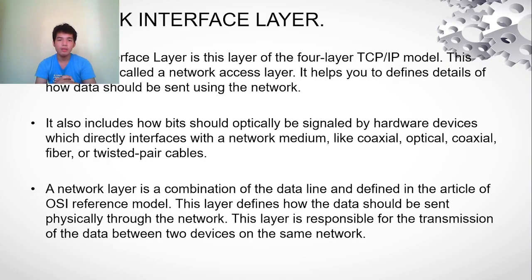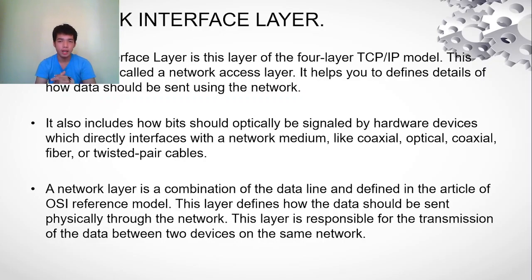Next is the network interface layer, the last layer of the four-layer TCP/IP model. It is also known as the network access layer. It helps you define the details of how data should be sent using the network.